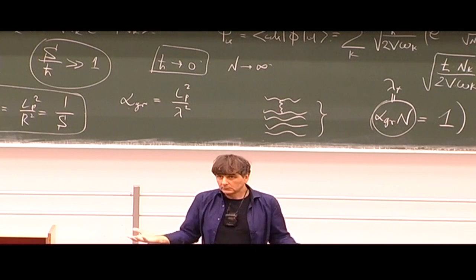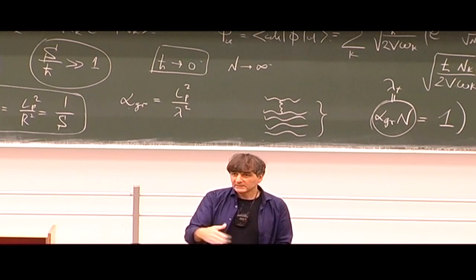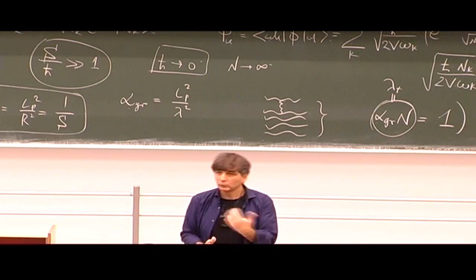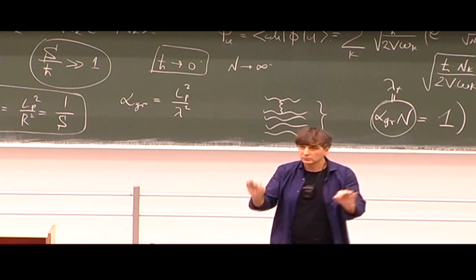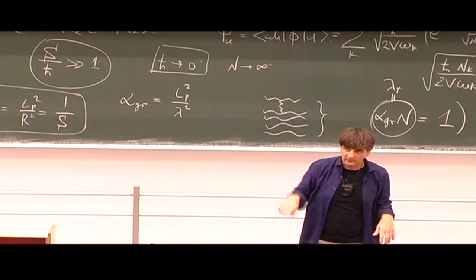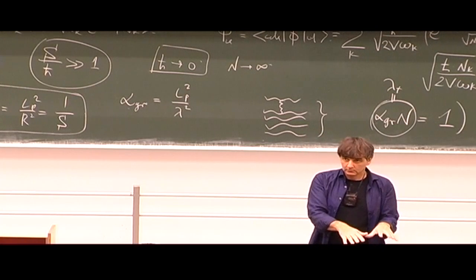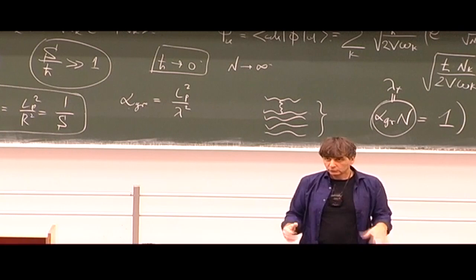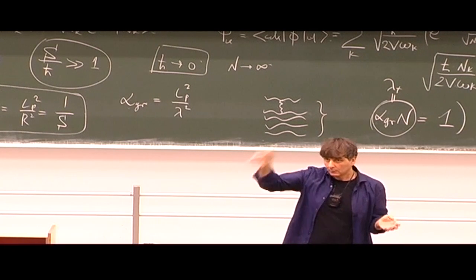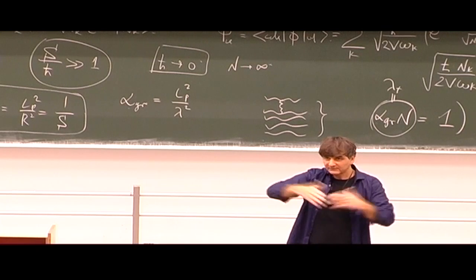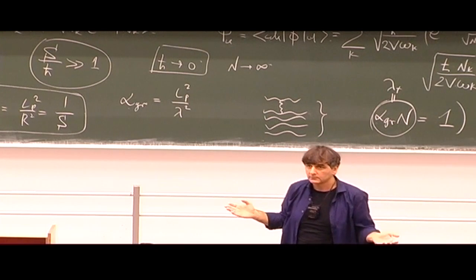Deviation could be small in the sense of particle number. This means that the amplitude is small, but the momentum may be large. So we have to distinguish these two things, right? Because remember, in the geometric thinking, we distinguish between high curvature and strong field. If I give you a gigantic black hole, the curvature around the horizon is tiny. I can make it arbitrarily small by taking the black hole large.